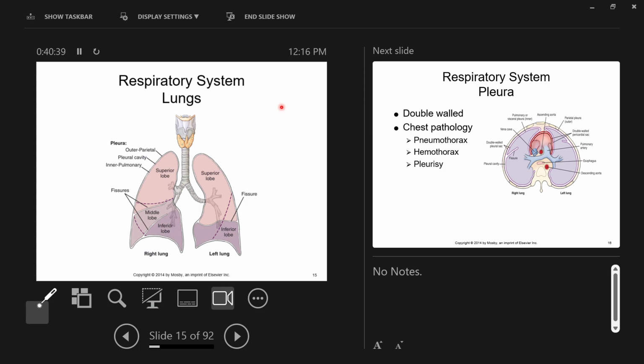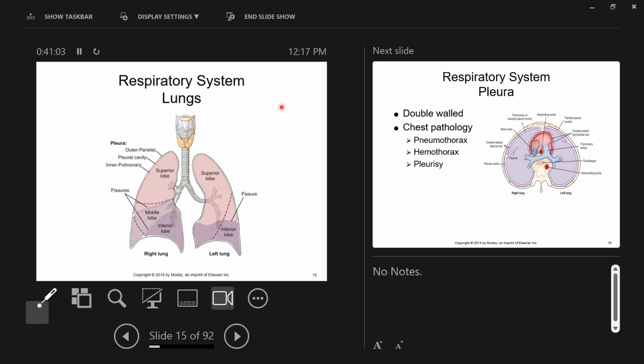And it's slippery because the ribs and the lung have to rub up next to each other. Every time the lungs expand, they have to rub on the chest wall. If there was no slippery stuff, that would be very painful, cause inflammatory processes, just not be very good for life. So we're lined with a double-walled membrane, a pleura.